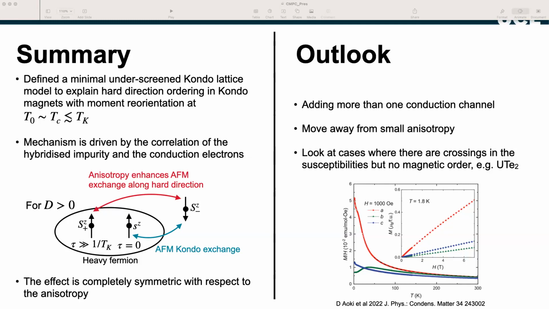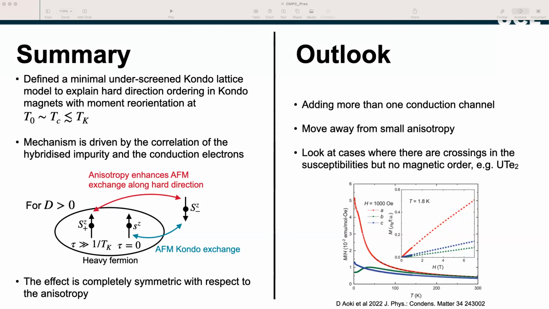So nice little cartoon here. At times tau much greater than 1 over T_K, you expect the S plus fermion and the conduction electron fermion to be positively correlated, and therefore the anisotropy will enhance the antiferromagnetic exchange along the hard direction, causing the free energy to drop, and therefore that's the ground state.